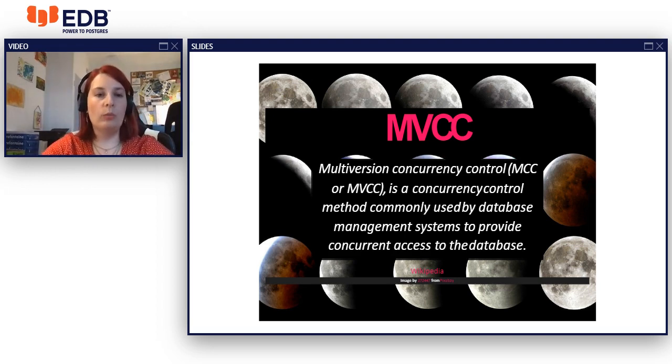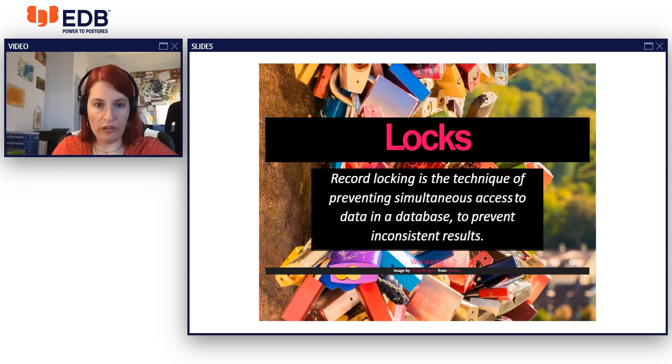It's what we use to allow people to access the same data at the same time. And on top of that, we use what we call locks. Record locking is a technique of preventing simultaneous access to data in a database to prevent inconsistent results. It means that sometimes you will have to wait for data to be unlocked before reading or writing into it.